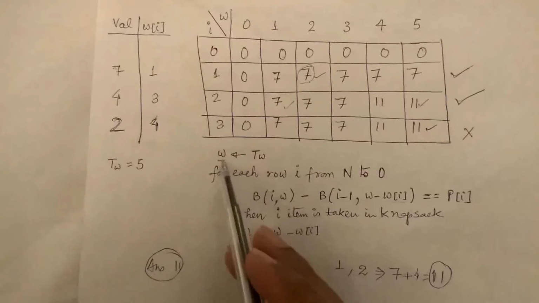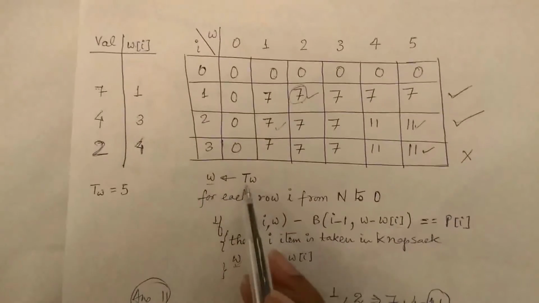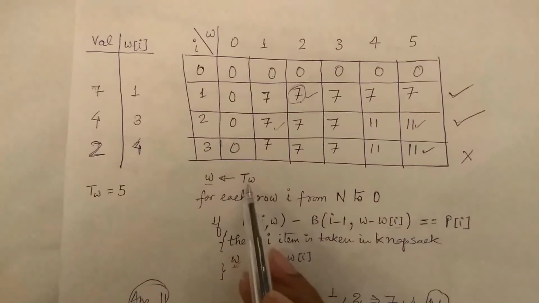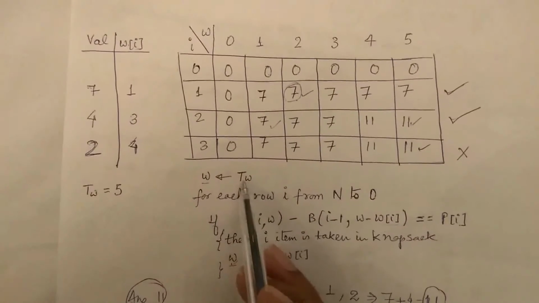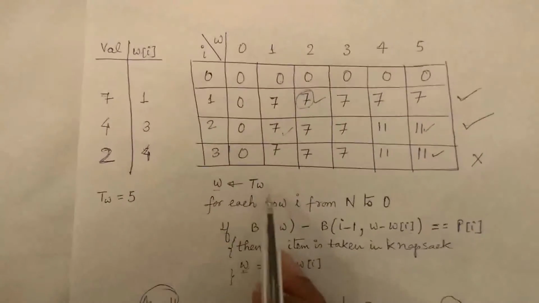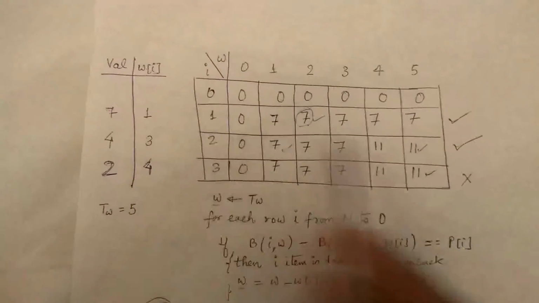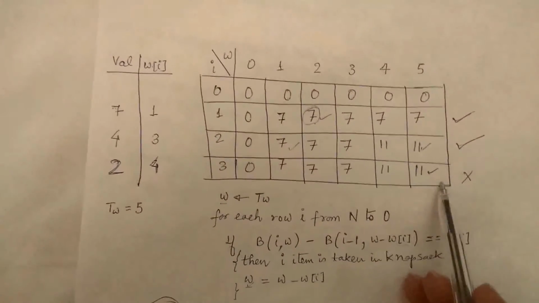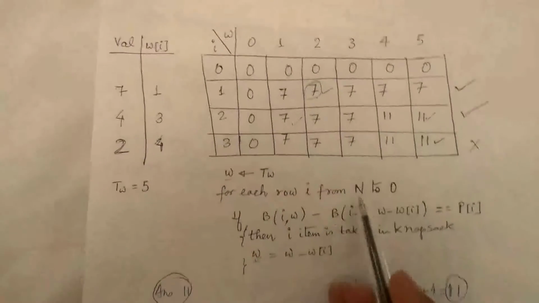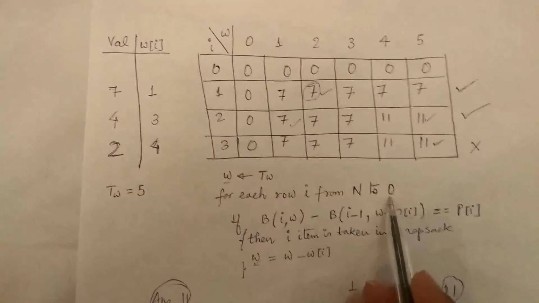So the algorithm is, we first take W as a temporary variable, we take the total weight TW, which is 5 in our case, and we store it in W, and we will iterate over each of these rows. We will start from the last row and go till the first row. So we start I from n to 0.